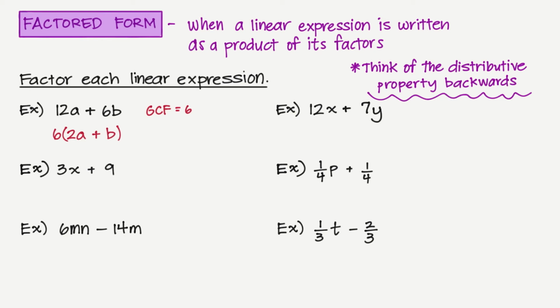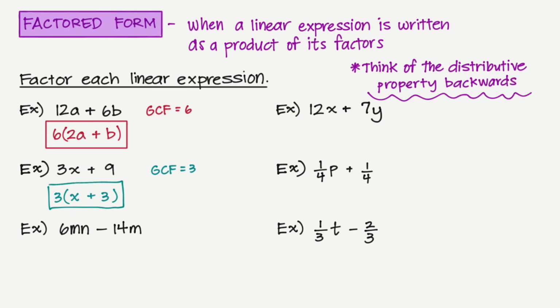So the final factored form would be 6 parentheses 2a plus b. All right, let's do that with 3x plus 9. Looking at those two terms, I could see that the GCF is going to be 3. So I'm going to factor out a 3. And when I do that, I'm left with x plus 3. And I'm done.